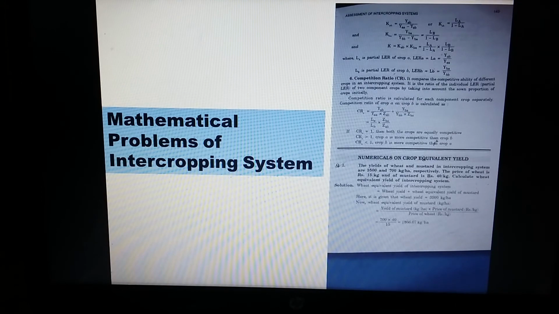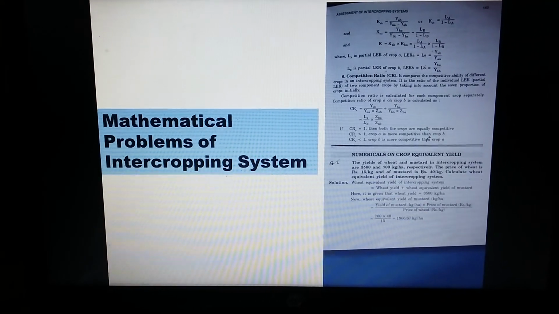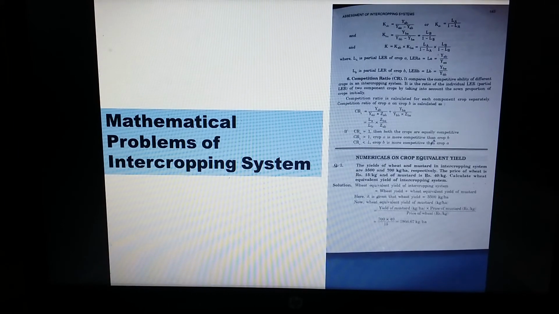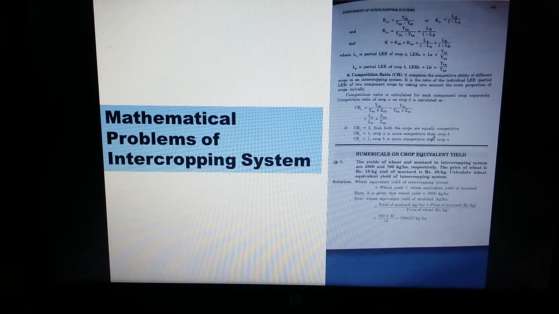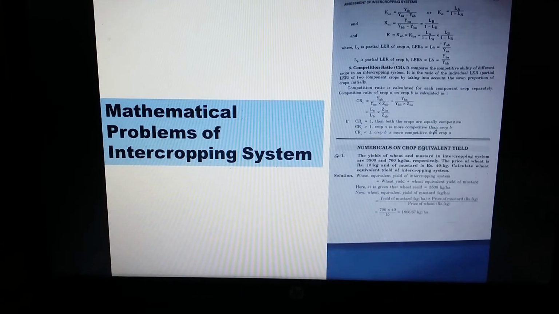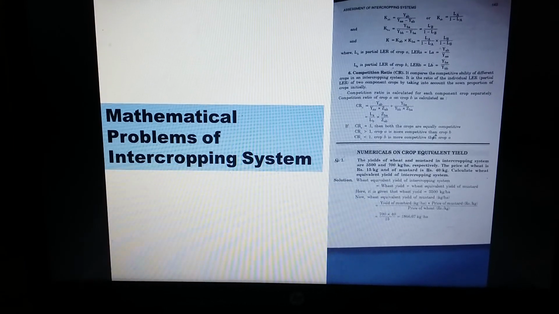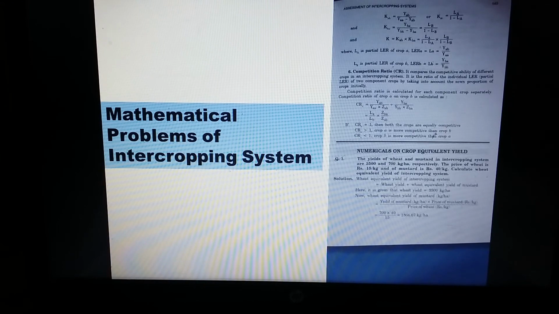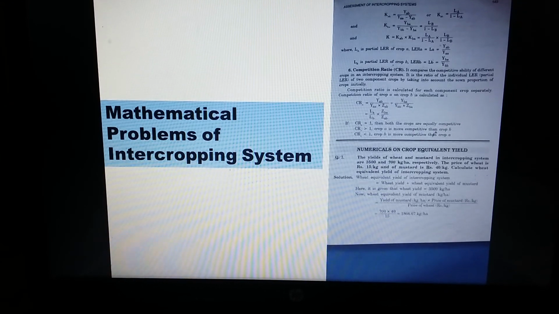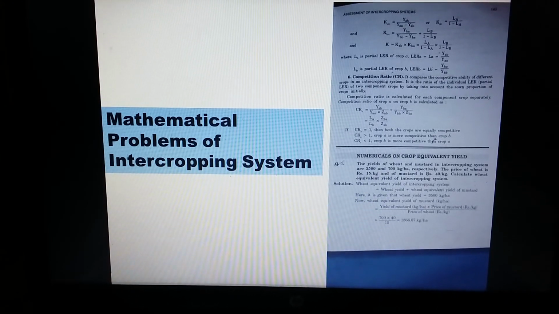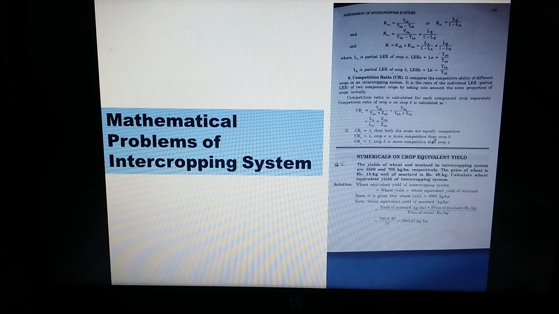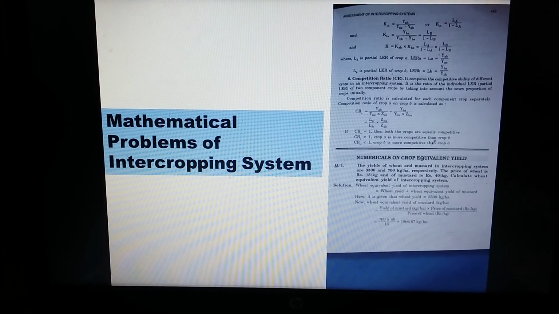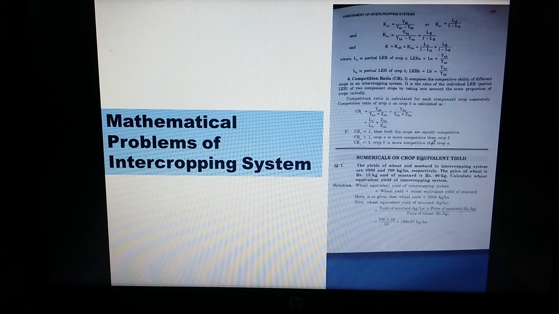But before starting the mathematical problems related to the intercropping system, we will cover these mathematical problems in my next class. And before starting them, we have to recall all those formulas, and when we go for the mathematical problems, the formulas will be very easy, as we can recall our formulas of the assessment of intercropping system.